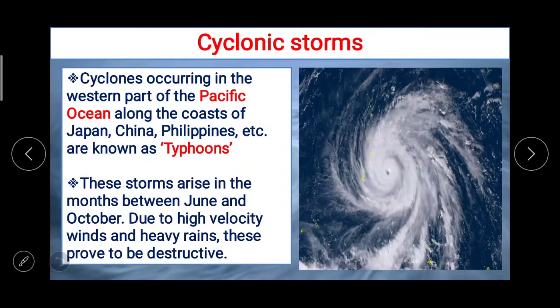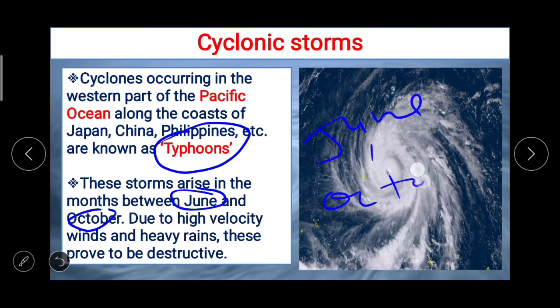So the next thing to understand is cyclonic storms. Cyclones occurring in the western part of the Pacific Ocean along the coasts of Japan, China, Philippines, etc. are known as typhoons. यहाँ पर पर्टिकुलर जो साइक्लोन्स आते हैं उन्हें टाइफून्स कहा जाता है, and these storms arise in the months between June and October.